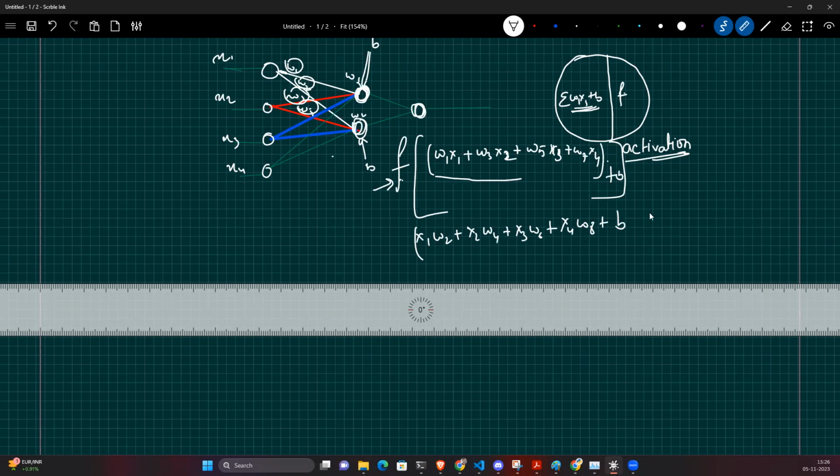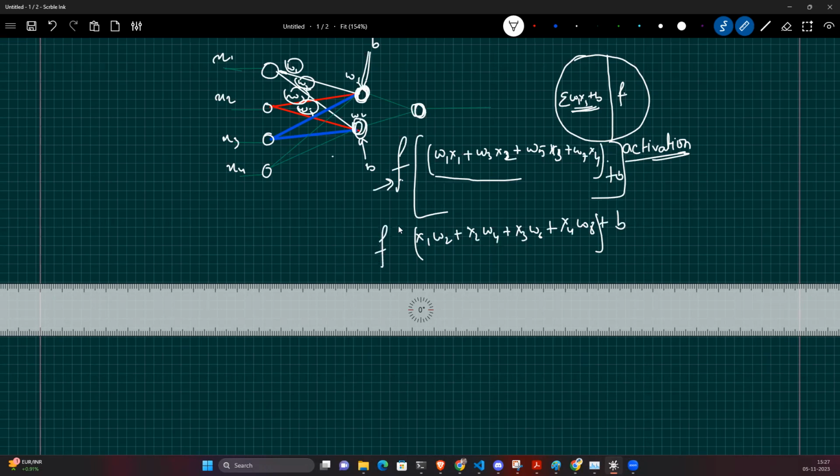Again, you might ask what W1, W2, W4 are. Just understand that W and B are randomly initialized values, like 0.1, 0.2. I will talk about initialization techniques later.